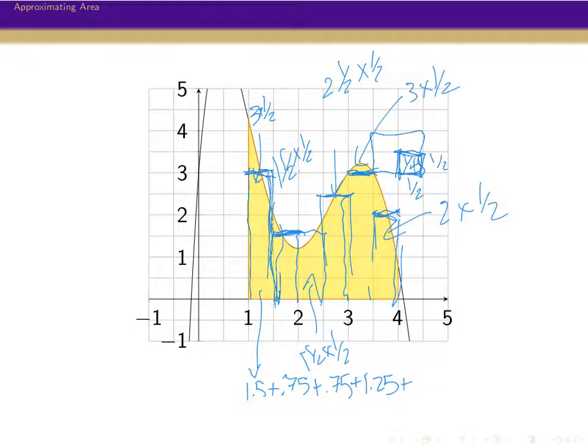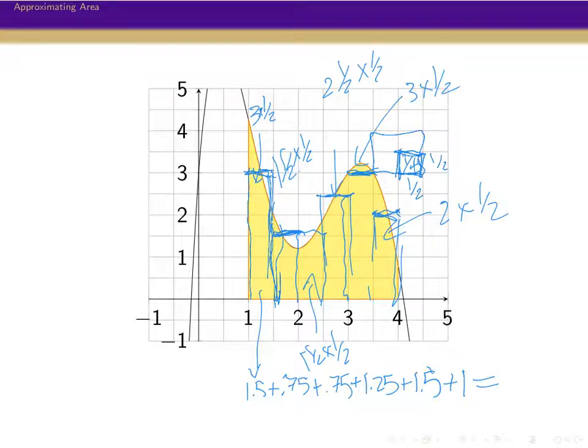Area of this one is 1, 2, 3, 4, 5, 6, which is 1.5, and then the area of the last one is 1, 2, 3, 4, divided by 4 gives me 1. And so let's see, adding these together, I've got 3 plus 1.25 plus 1.5 plus 1, 4.5.